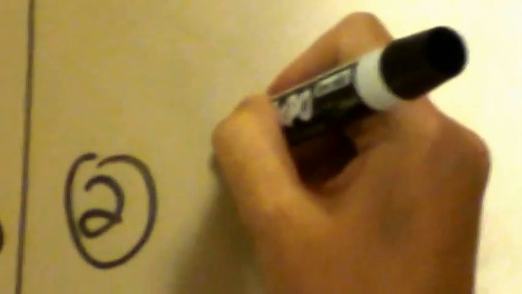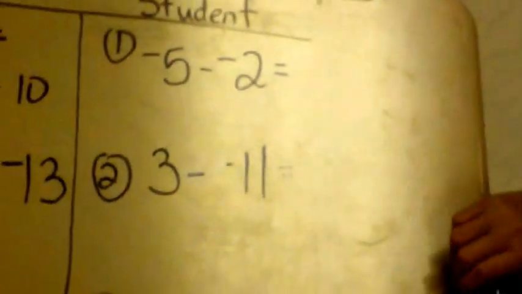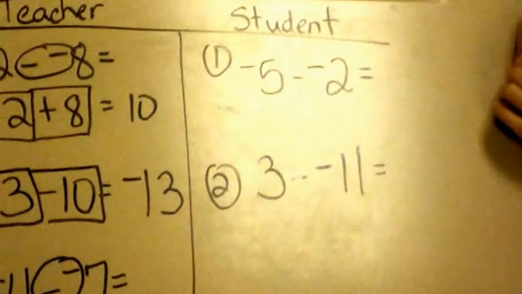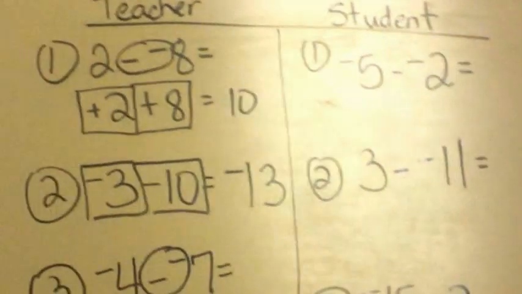Next one, 3 minus -11. And the last one, -15 minus 3. Work these problems, following the steps that we used for addition and subtraction. We wrote them down a couple of days ago. Look at your teacher's side and see if you can mimic what we've done. All right, I'll see you in class tomorrow.